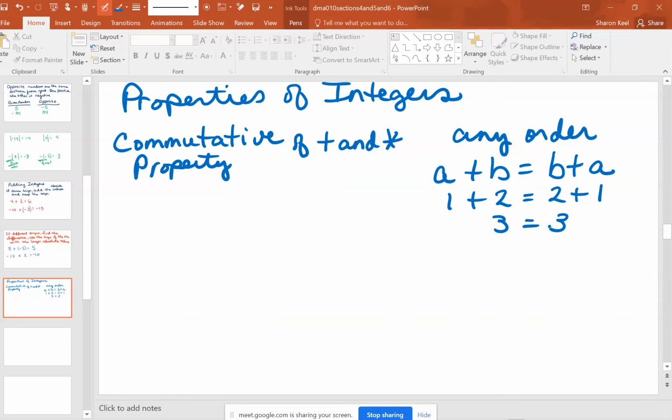Whichever order you use it in, you're going to get the same solution. If you said 2 times 5, or 5 times 2, 2 times 5 is 10, 5 times 2 is 10. So it means you can rearrange the order.